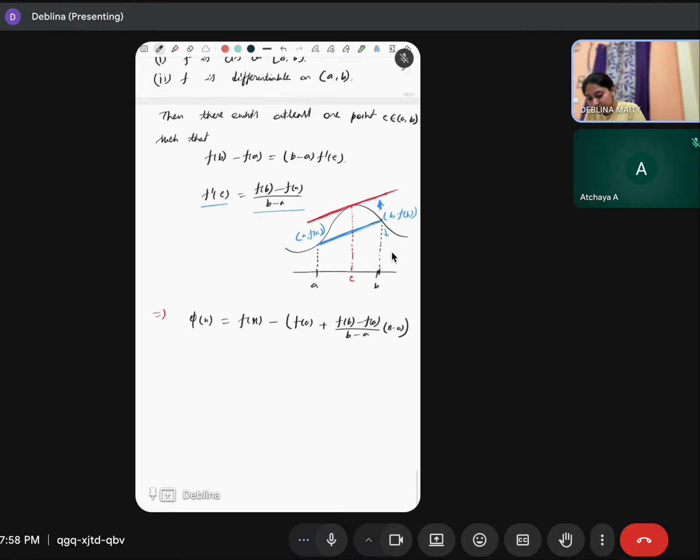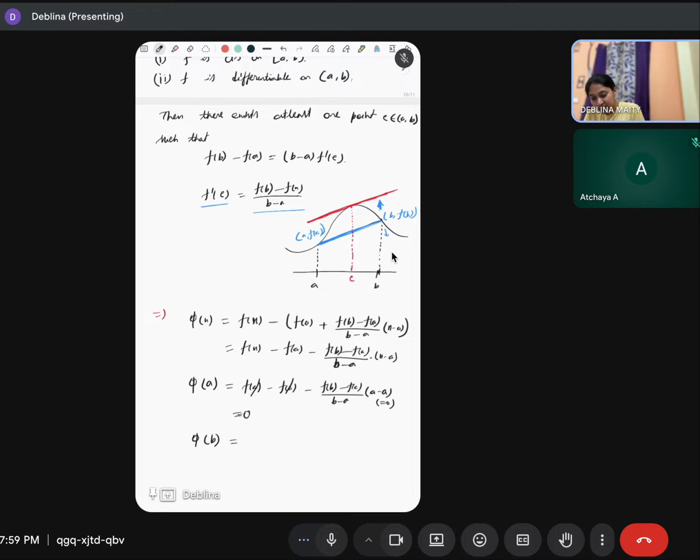so it is f x minus f a minus (f b minus f a) by (b minus a) into x minus a. Now what is phi of a? Phi of a is 0, this will cancel out, so phi a is 0.